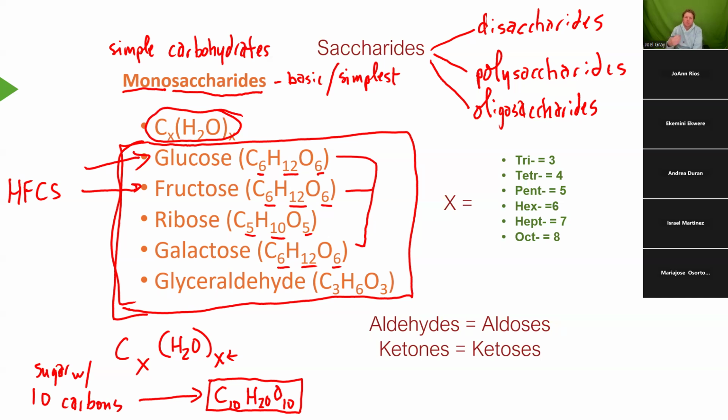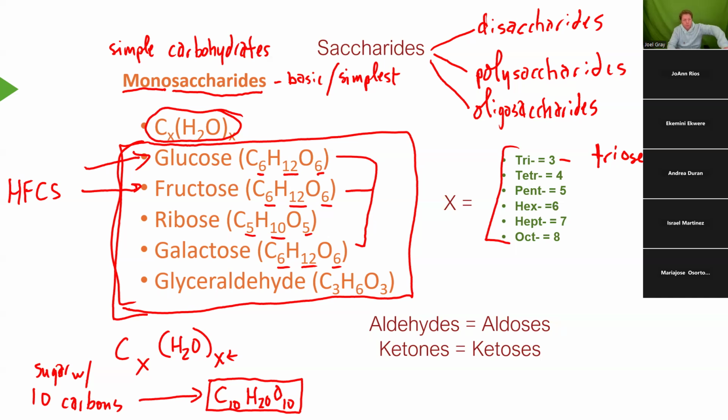So sugars follow that simple pattern. Monosaccharides follow that simple pattern. And for that reason, we can use prefixes. If a sugar has 3 carbons, we'll use tri, and the suffix that we apply is OSE. So it's a triose.